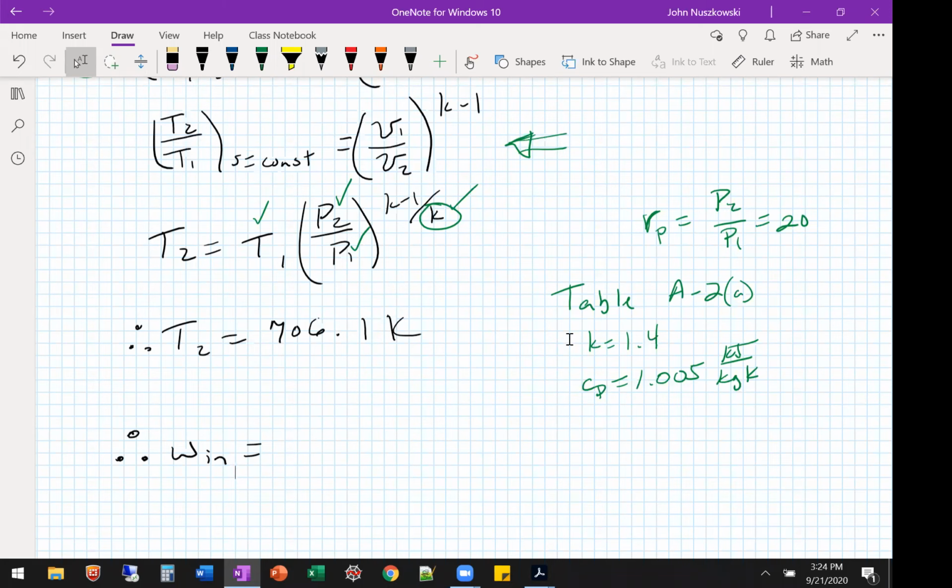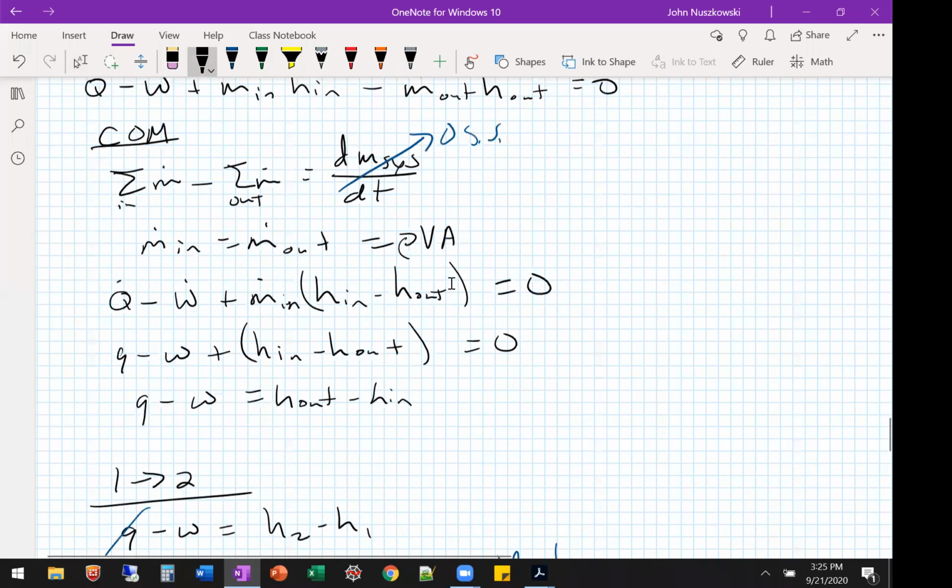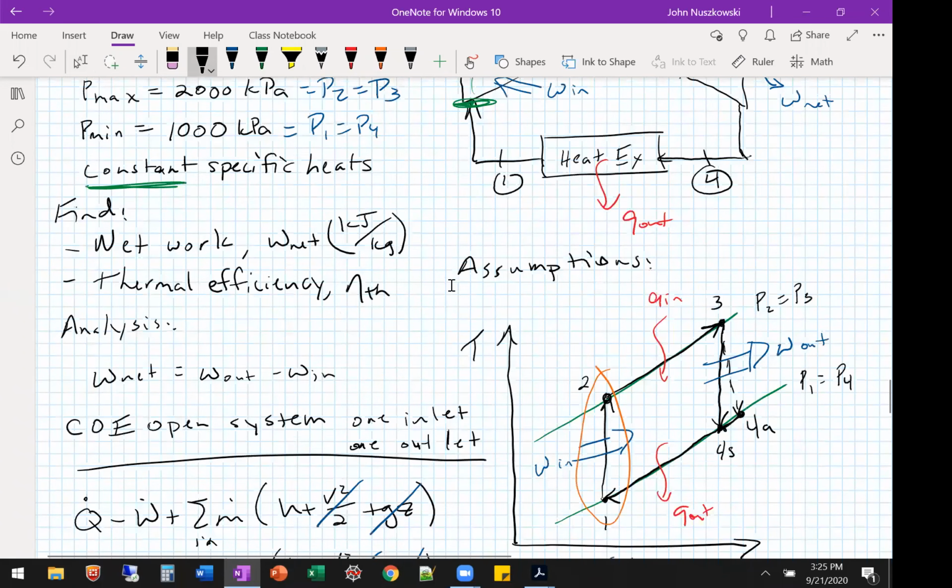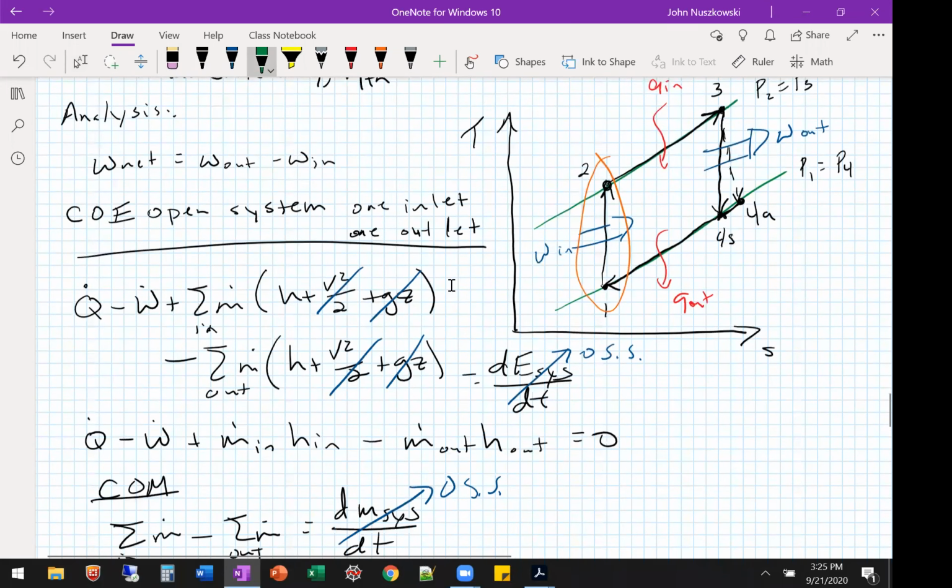So we get 408.1 kilojoules per kilogram. So that means we come back way up here and we have our work in.